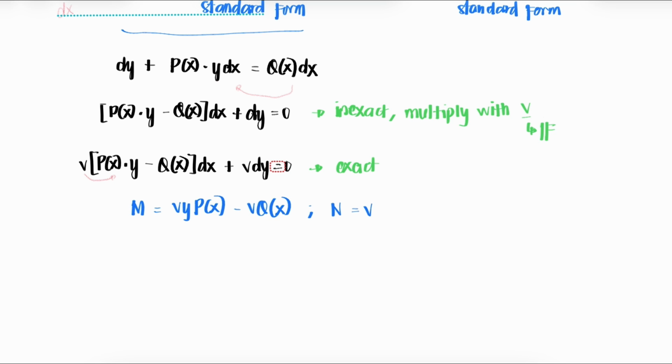And so because it is already exact, we expect that the partial of M with respect to y is equal to the partial of N with respect to x.